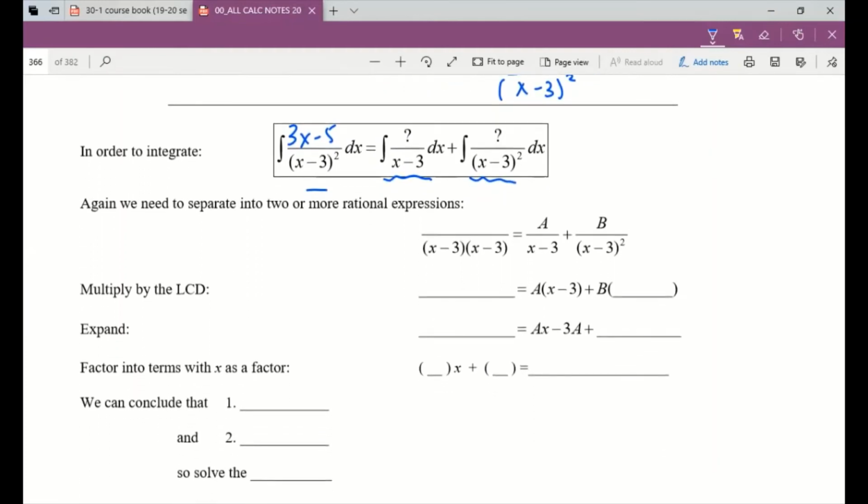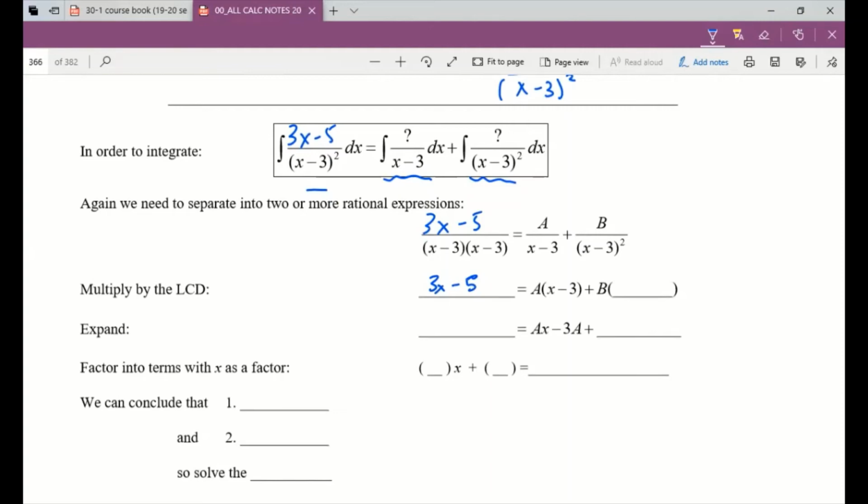So let's go from here. Let's go from 3x minus 5 if we were given this as the question. Let's write that denominator as factored. And it's going to be equal to some number a over x minus 3, some other number b over x minus 3 squared. So we recognize 3x minus 5 on the left, multiplying everything through by your LCD.